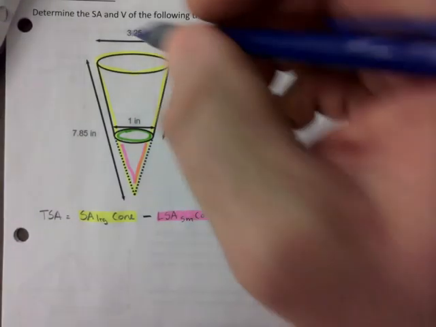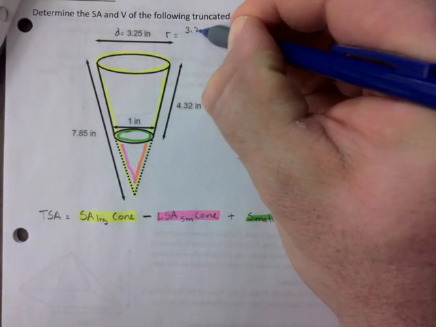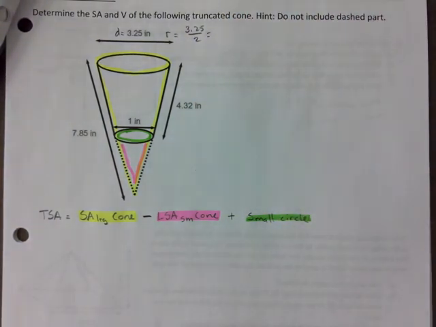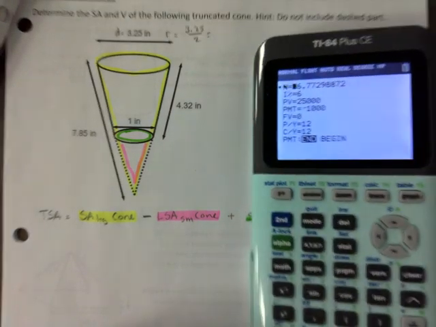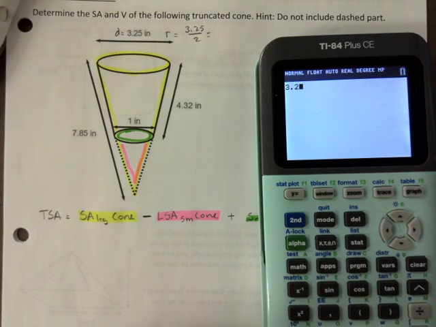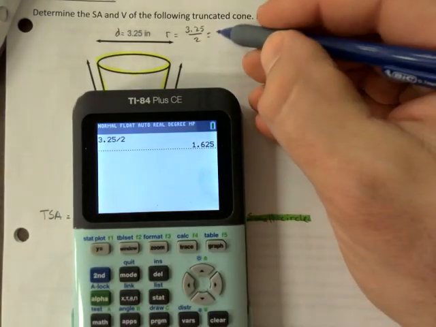Before I do so, this is the diameter, right? You're going to need the radius, so let's go ahead and find the radius already. 0.625, I'm not going to round.